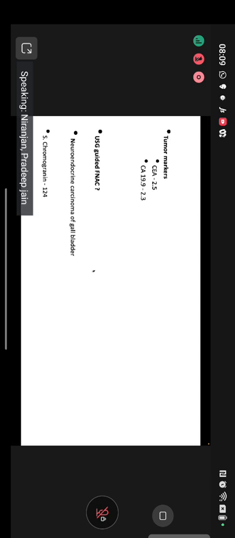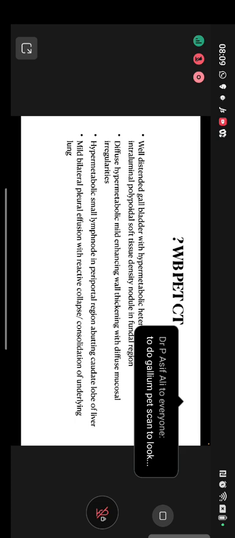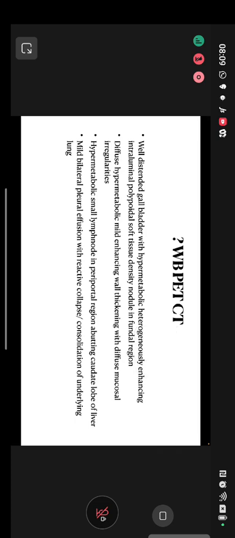Why do you require a DOTA PET scan? When do you do a DOTA PET scan? It was a neuroendocrine carcinoma.